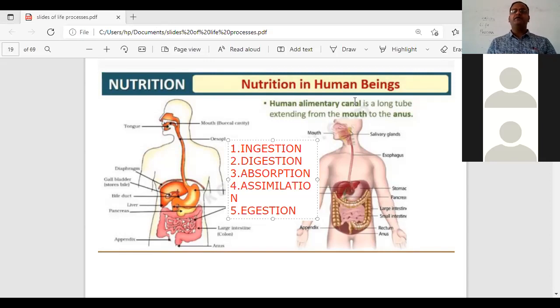Muskan, tell me, if we are going to discuss the process of the nutrition in case of the human being, the first thing, what we do? The first thing, what we will do for taking any food? What do you think?